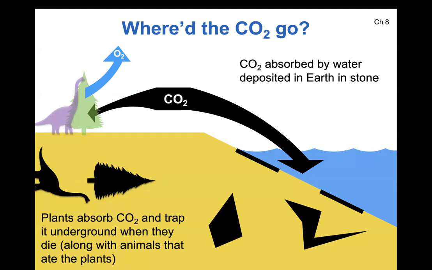So my main point, to not completely go off on a tangent, is that there are key stages in Earth's history where CO2 is getting locked into the ground at a much greater rate than it is today.